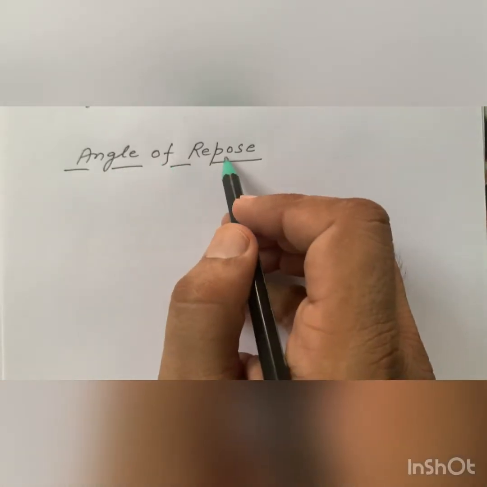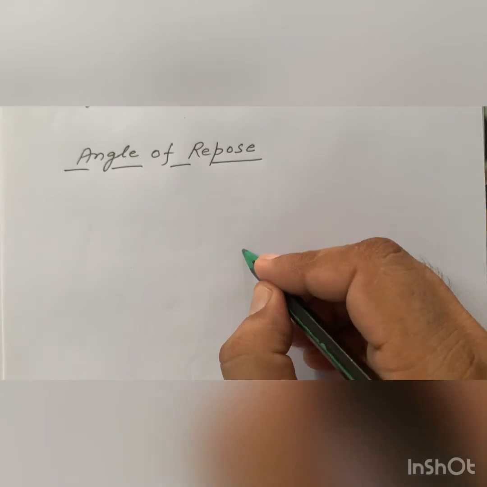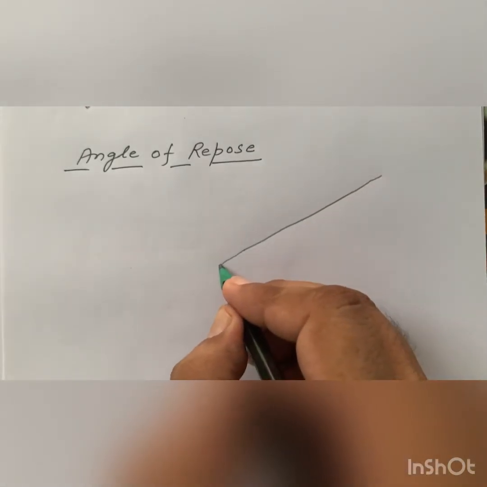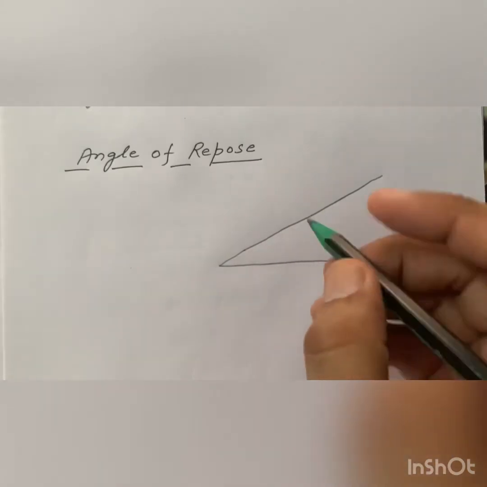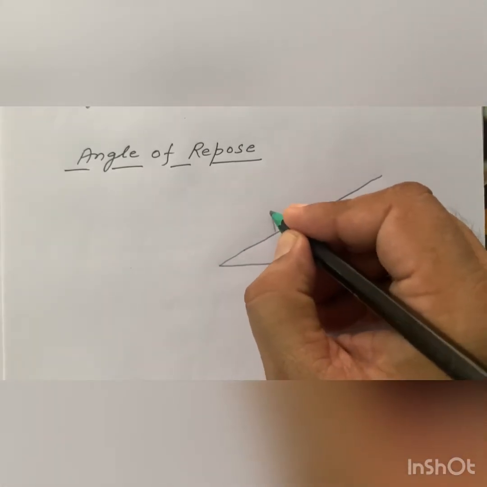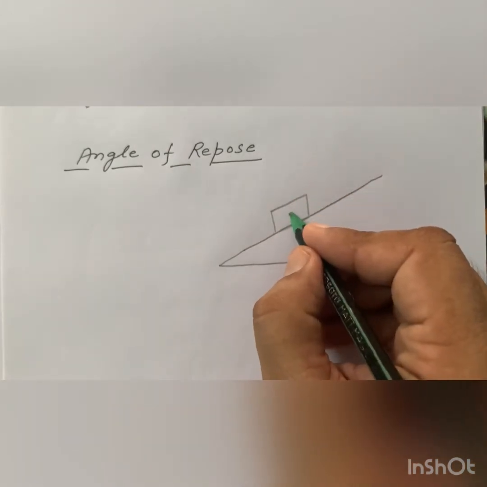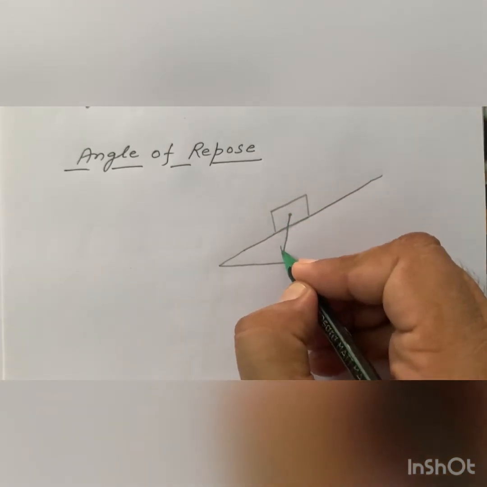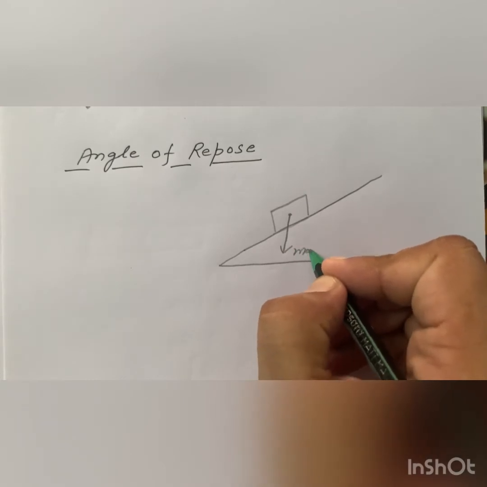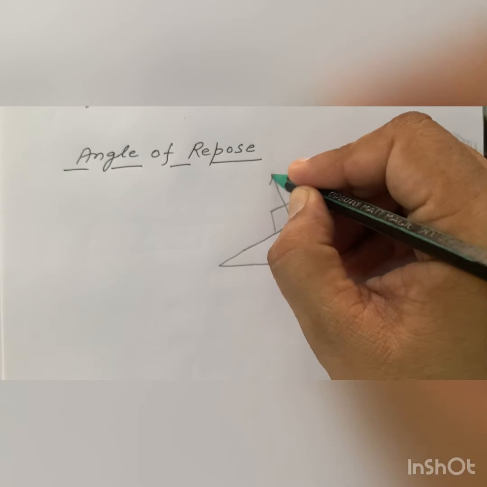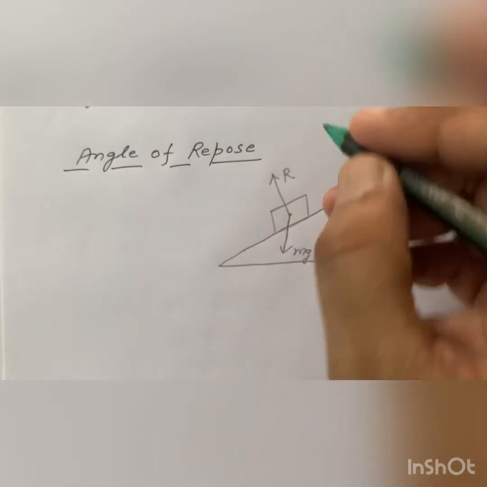Angle of repose. Let us consider a body lying on the inclined plane. The various forces are its weight mg acting downward and normal reaction in this direction.